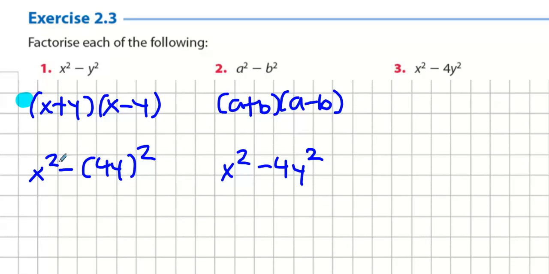Because what is (4y) squared? What did we say it was a second ago? What's 4y times another 4y? Yeah, 16yy, which is 16y squared. So they're two different questions, aren't they?